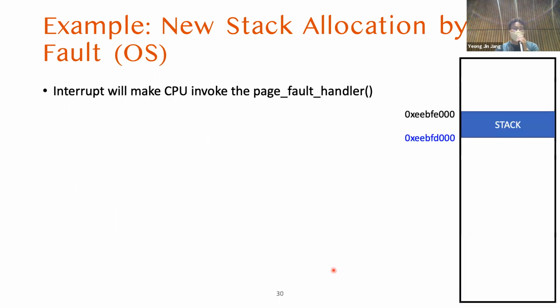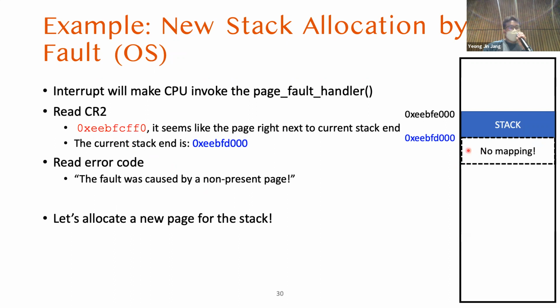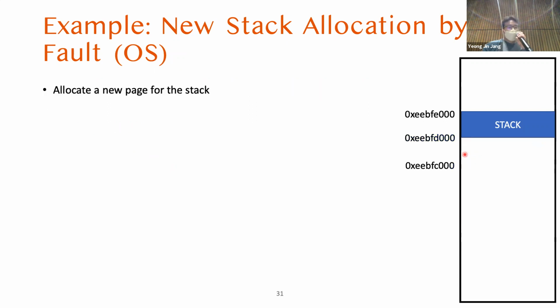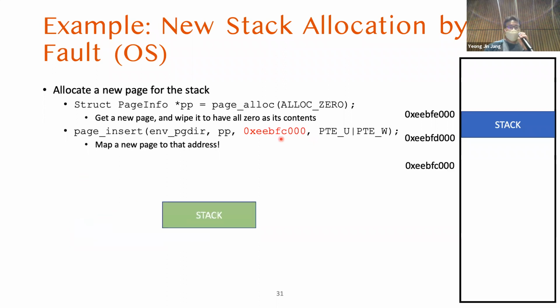Then what you can do is read CR2, and the reason for the fault is given by the error code from here. When we have that, we can allocate a new page, and with the page insert function, we can insert the new stack page into the application and then resume.